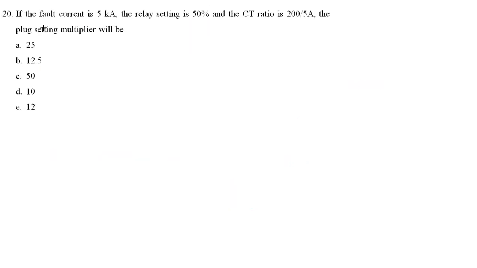Question number 20. If the fault current is 5 kA, the relay setting is 50% and the CT ratio is 200 by 5 ampere, then what will the plug setting multiplier be? Now, if you see the connection, how the relay is connected, if this is the transmission line, there will be a CT, and the CT secondary we are connecting to the relay.